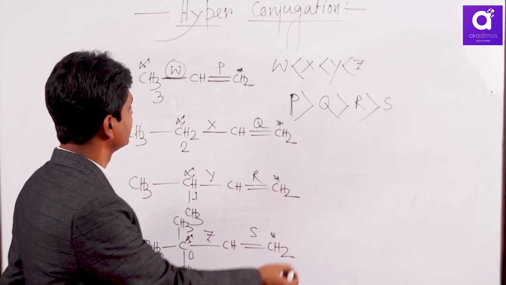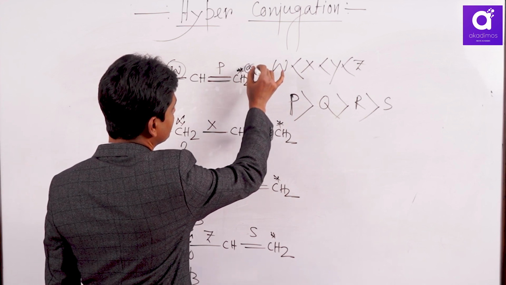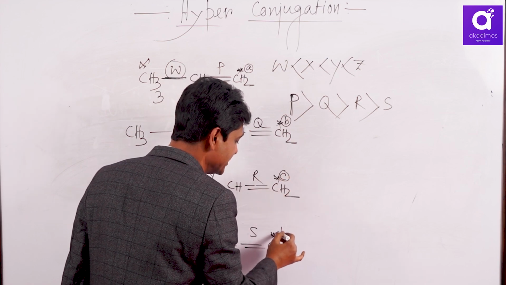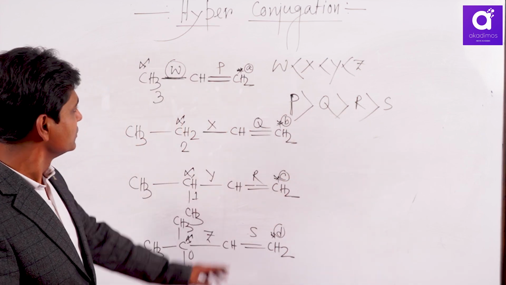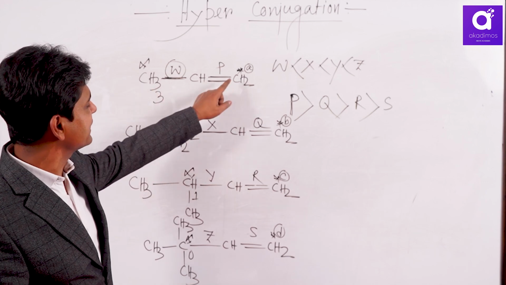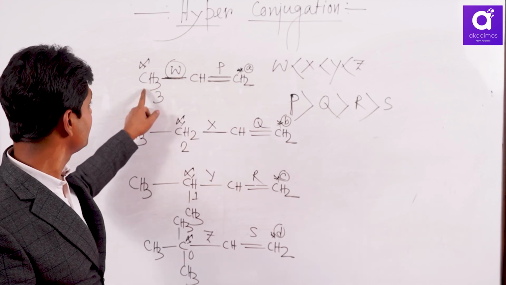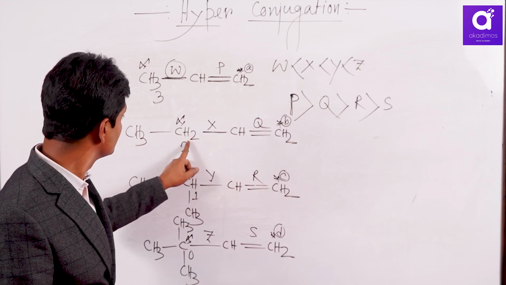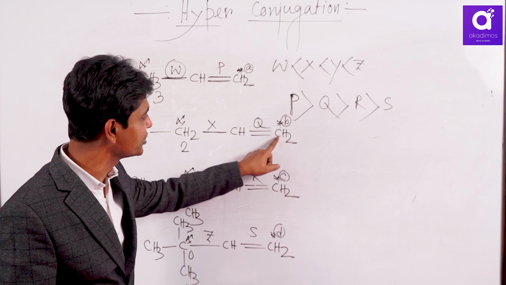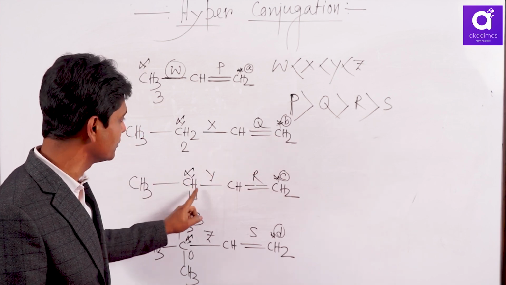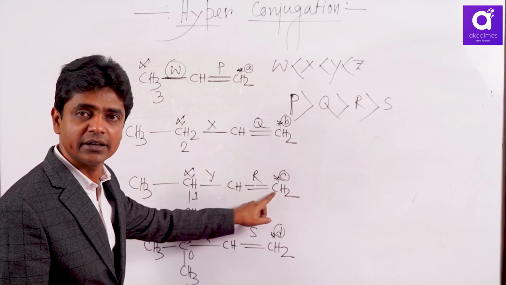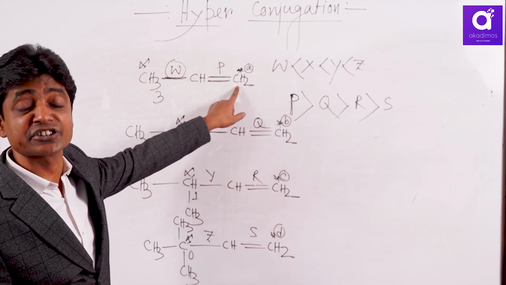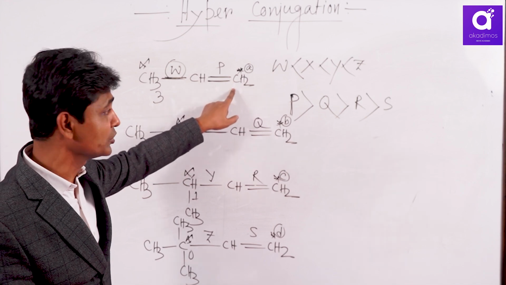If I mark them, let this be carbon A, that is carbon B, this is carbon C, this is carbon D. Now, you know hyperconjugation will create a negative charge here. 3 hyperconjugations will increase the electron density on carbon A. 2 hyperconjugations will increase the electron density on carbon B. 1 hyperconjugation will increase the electron density on carbon C. Here no hyperconjugation.